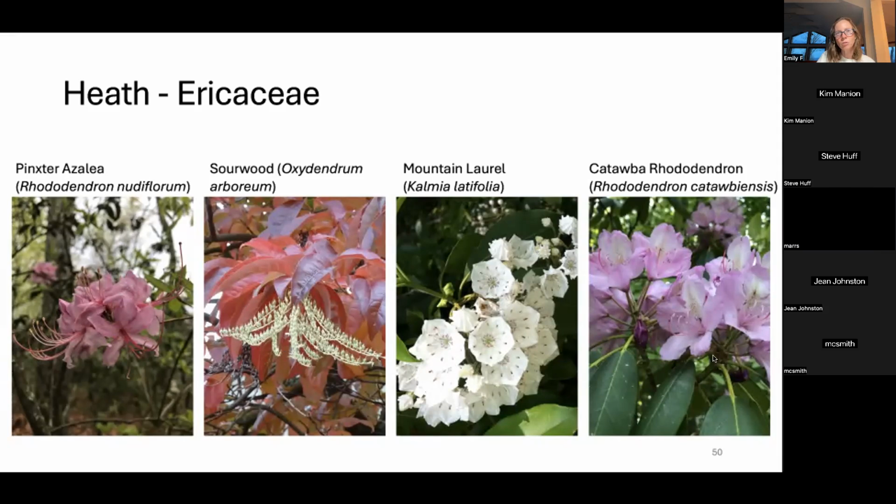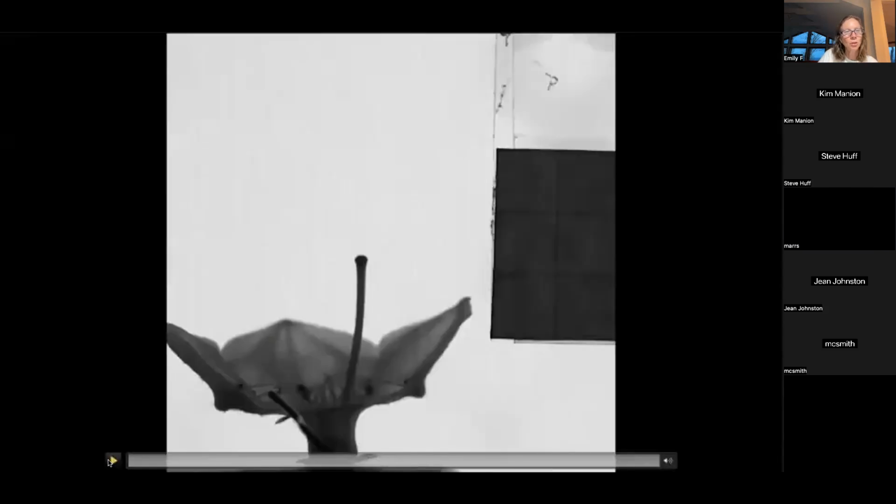We've got the rhododendron here, also allowing for separation of anthers and stigmas, so their pollen and stigmas. And then we have the mountain laurel here, and they're not sure what pollinates the mountain laurel. And as that flower opens, all those anthers are pulled back into those little spots on the flower cup, and it is really cool.